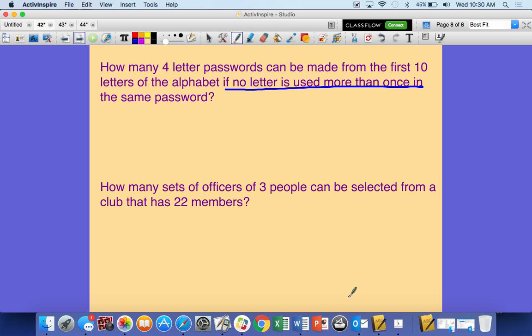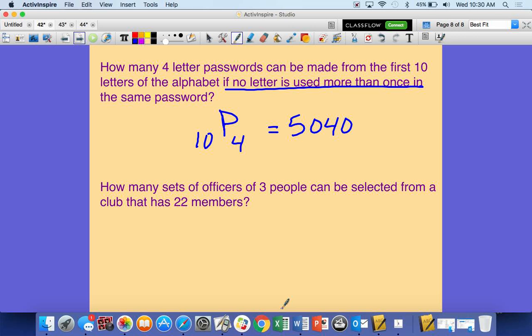Alright, we have 10 different letters to choose from. So we've got 10P, and we have to use 4. So 10P4, putting that into our equation, we end up with 5,040 different passwords that can be used there.